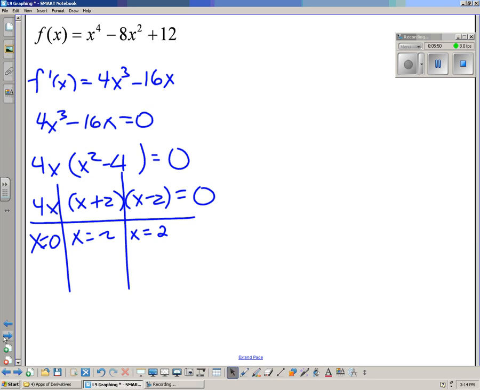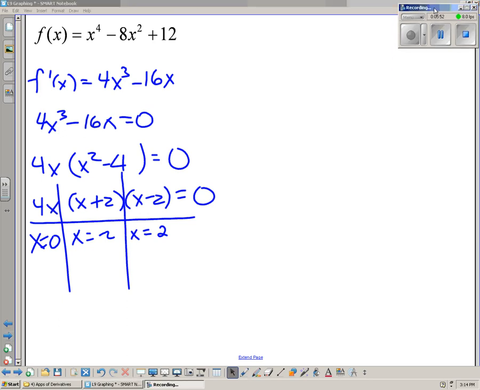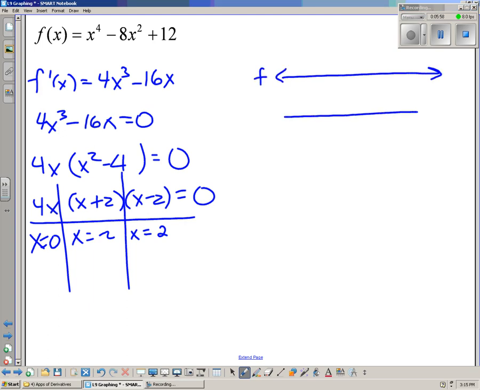And all of those roots need to go on a number line. So first we're going to draw f prime, f double prime. These roots will go on the f prime number line: negative 2, 0, 2. And I'm going to use the factored form of the derivative.